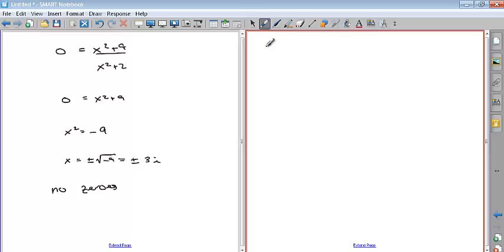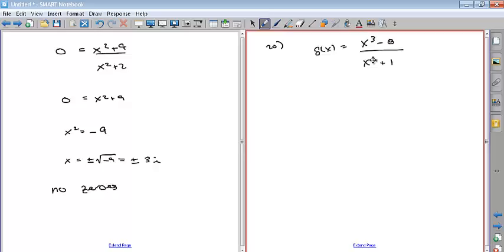Okay, let's look at problem 20, which is another one. This one is already in the form, like that. Now, in this case, the numerator is greater than the denominator, but that really doesn't matter as far as the x-intercepts.